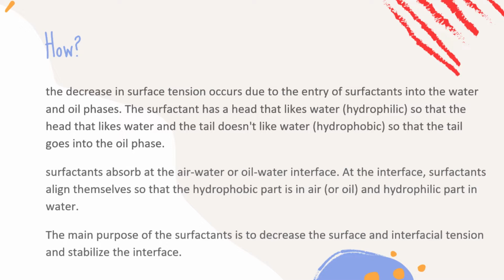At the interface, surfactants align themselves so that the hydrophobic part is in air or oil, and the hydrophilic part is in water. The main purpose of the surfactant is to decrease the surface and interfacial tension and stabilize the interface.